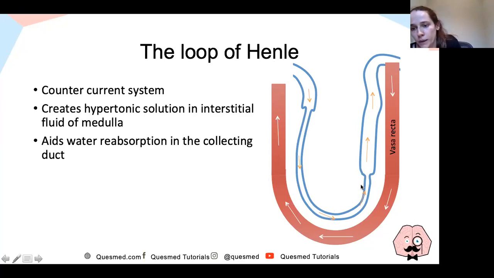As we're coming up here, the ions are more concentrated here and they're moved out. Then the area that's weaker because the ions have moved out, and the water can't move, moves up to an area of lower concentration. Because the concentration around there is lower, the ions can move out because we again have a concentration gradient. That keeps on happening as we move up and up and up.